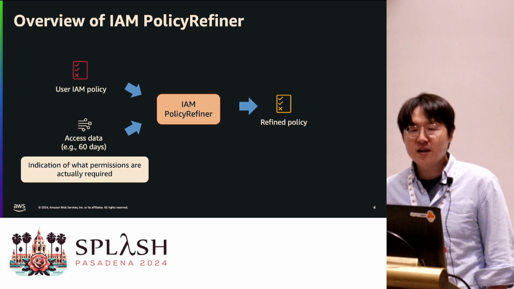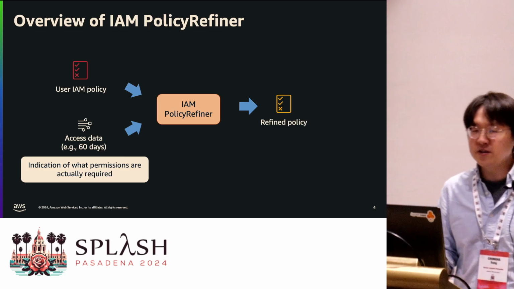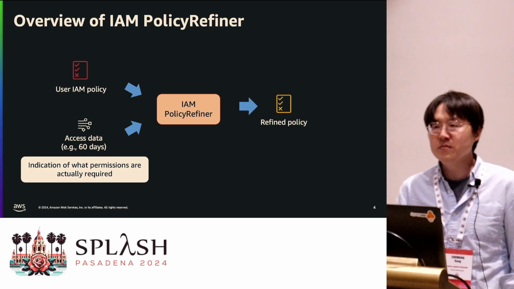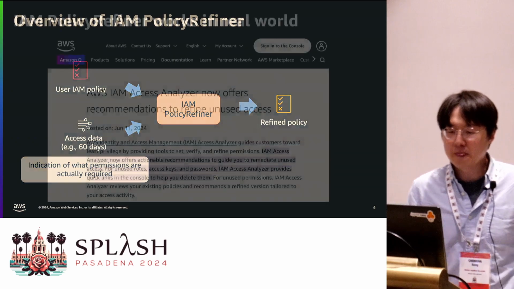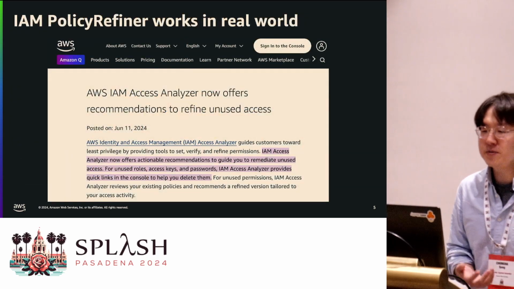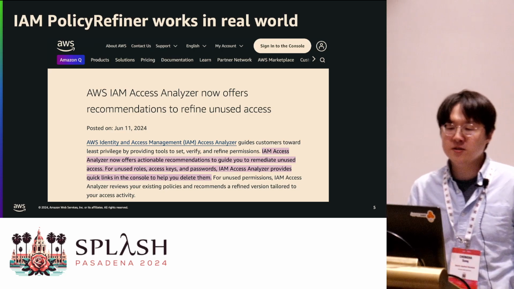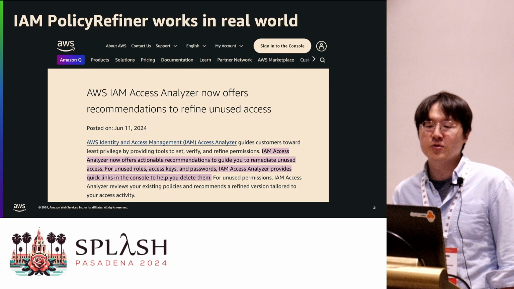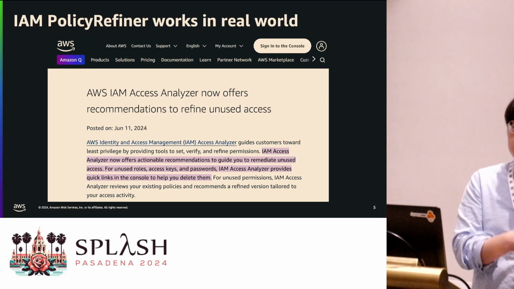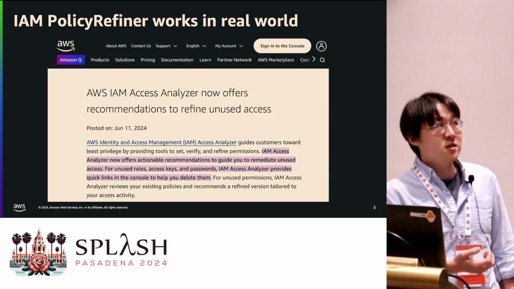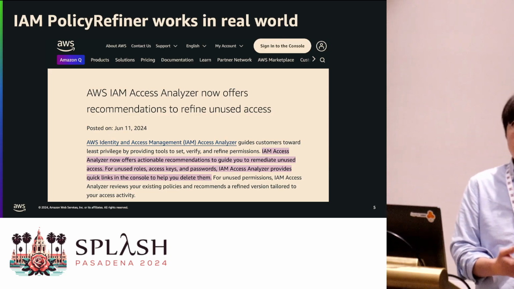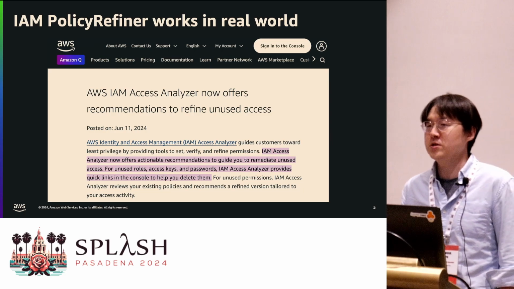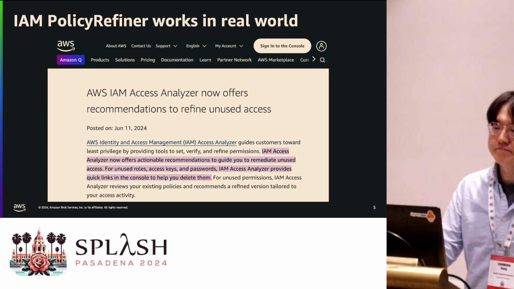This access data is useful for refinement because it gives an indication of what permissions are actually required. Our technique has been applied to a production setting of AWS IAM Access Analyzer to recommend IAM policies based on unused permissions. For this service, the IAM policy refiner is applied with a very specific setting, but in this talk, I'm going to talk about the general approach of IAM policy refiner.